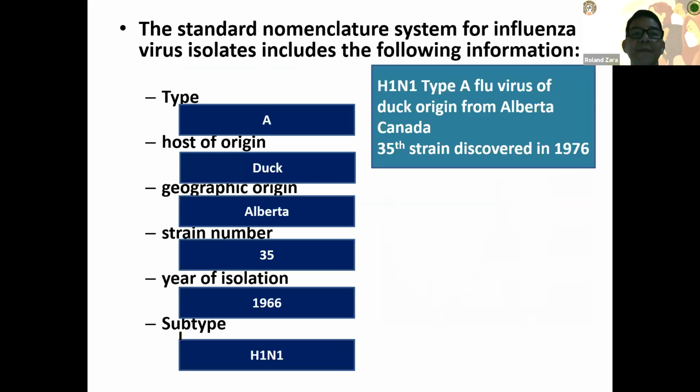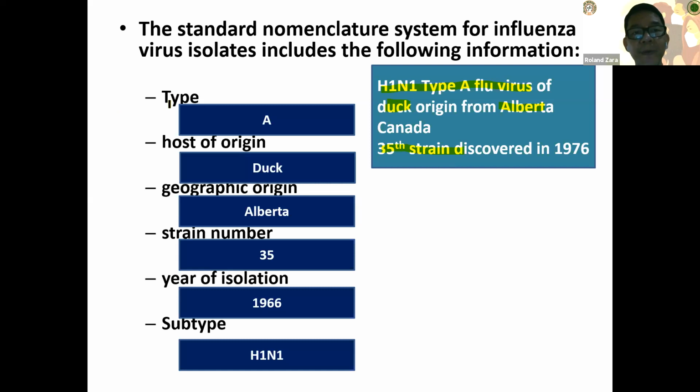Okay, so next one. This is how we name an influenza A strain. So we have what we call H1N1 type A flu virus of duck origin, isolated in Canada, Alberta, and H1N1 was the 35th strain discovered in 1976. So how do we term this?